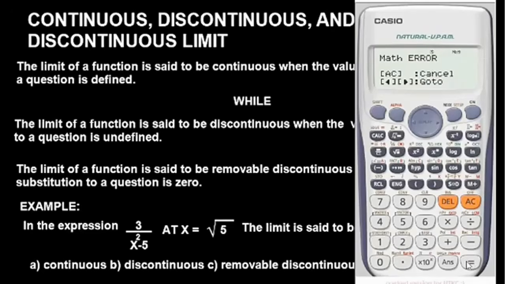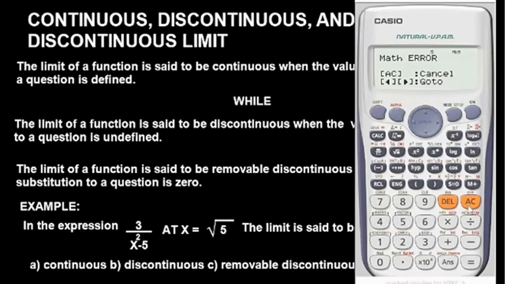Had we done this and got a definite value, like 2, 3, 1, 5, 5.2, 6.7, as the case may be, this would have been a continuous limit. Had we done it and got 0, just 0, no point to the 0, this would have been a removable discontinuous limit.